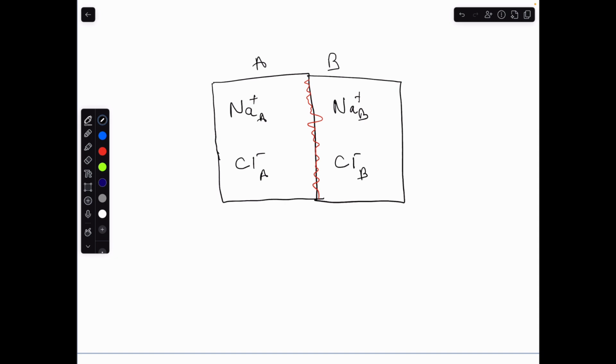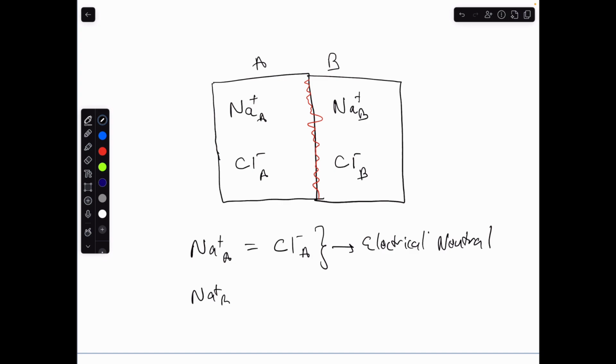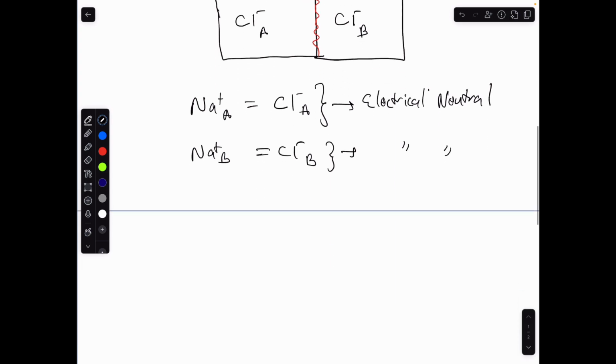Then, according to the Gibbs-Donnan equilibrium, the amount of sodium ions, that is cations, in compartment A would be equal to the amount of anions in compartment A, and this will render the electrical neutrality for compartment A. Similarly, the number of cations in compartment B will be equal to the number of anions in compartment B, which will help in making compartment B electrically neutral as well.